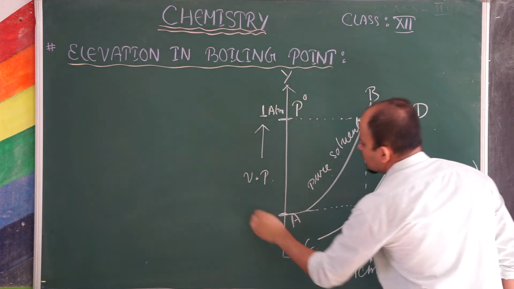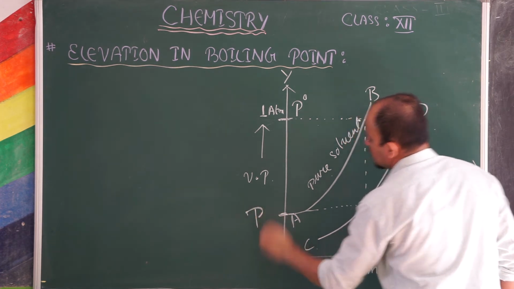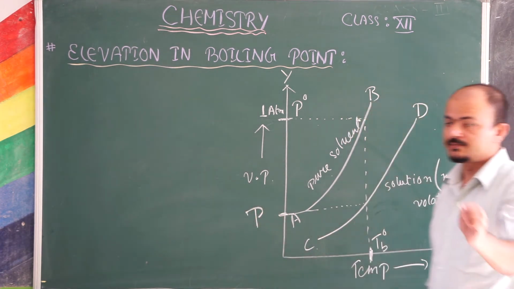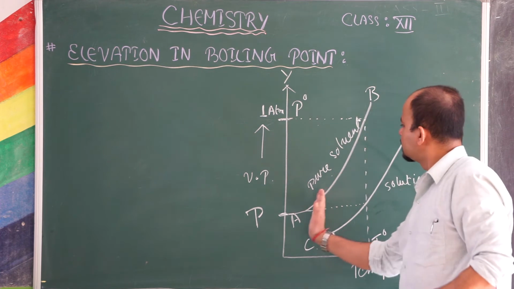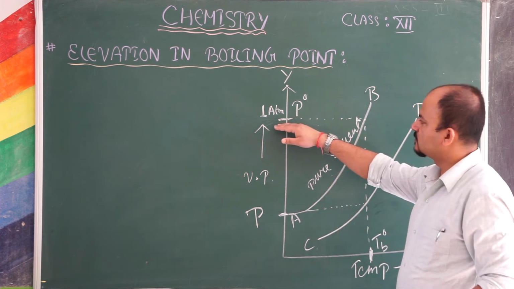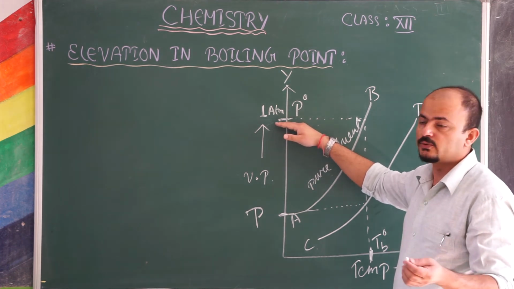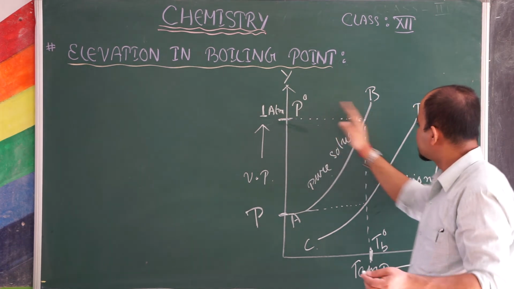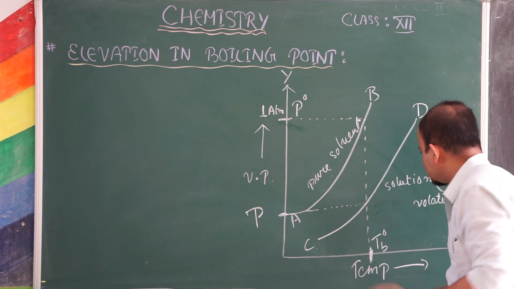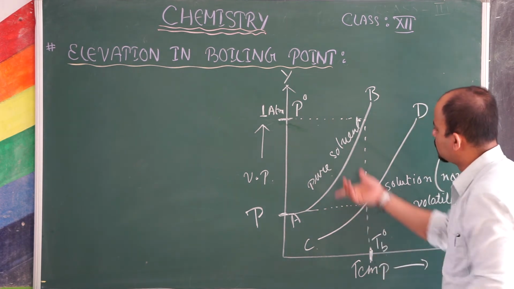So this is pressure P. Please don't be confused. This curve is for the pure solvent, and at 1 atmosphere, the atmospheric pressure, it starts boiling. The temperature corresponding to that is the boiling temperature for pure solvent.